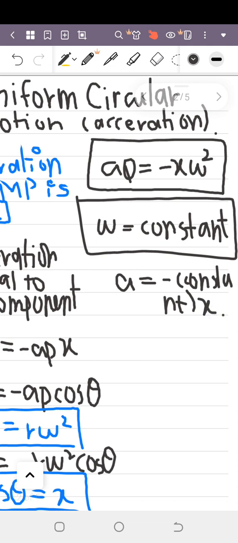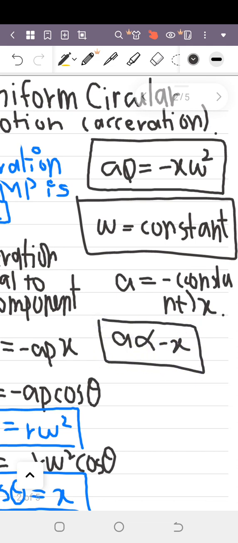So the constant is removed, and we put the proportionality sign directly. So A is directly proportional to minus x. Hence it is proved that this acceleration is of SHM, which means the uniform circular motion acceleration follows simple harmonic motion. Okay, I hope this is clear.